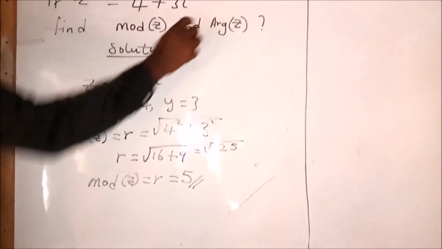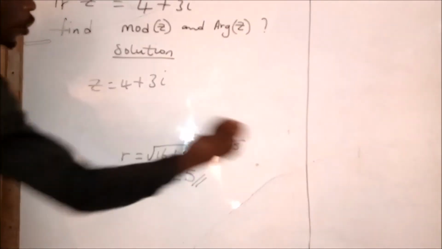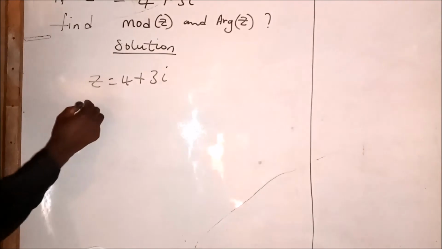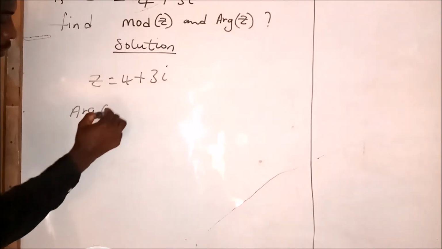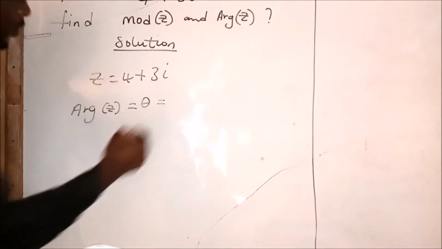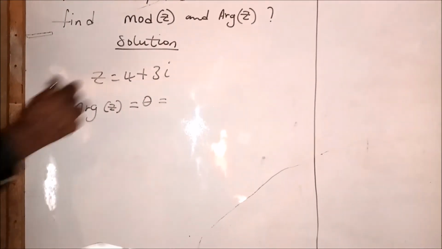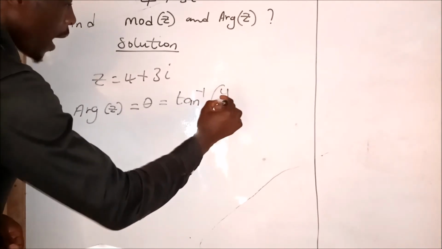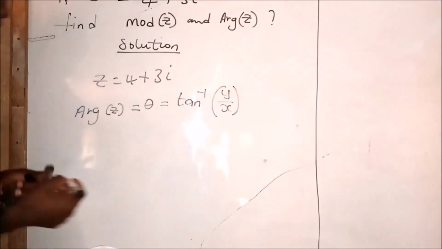Now, to get the argument of z following this complex number, we have that the argument of a complex number, which is theta, is given as tan inverse of y all over x.